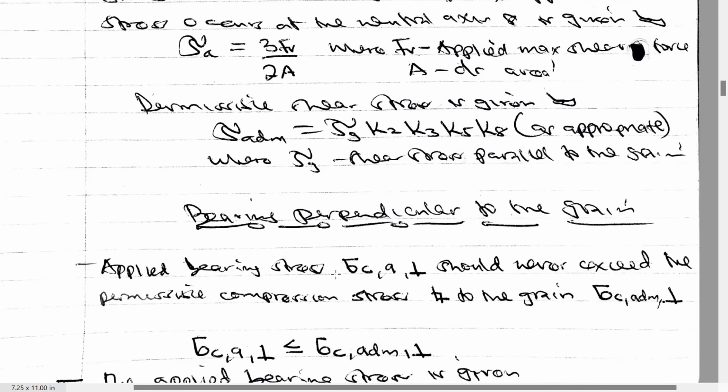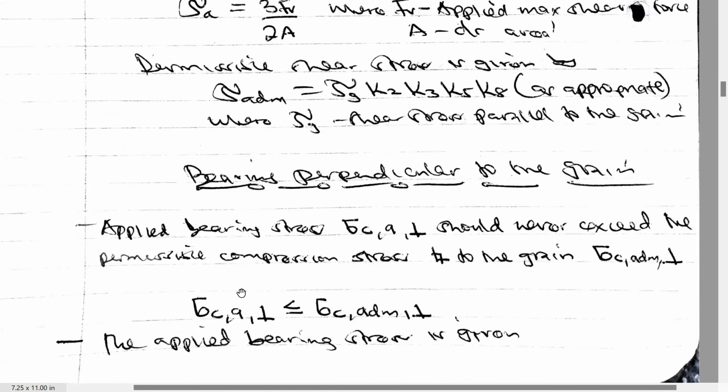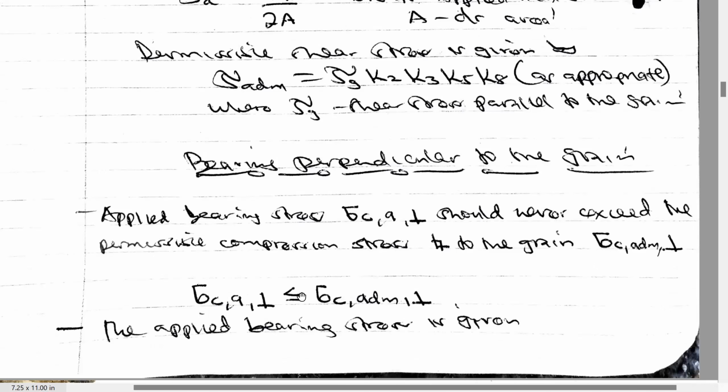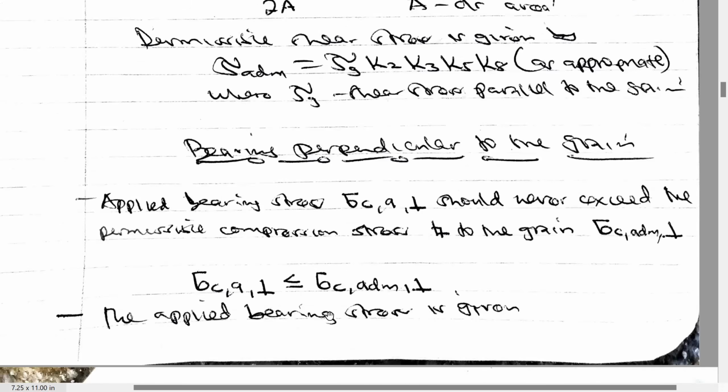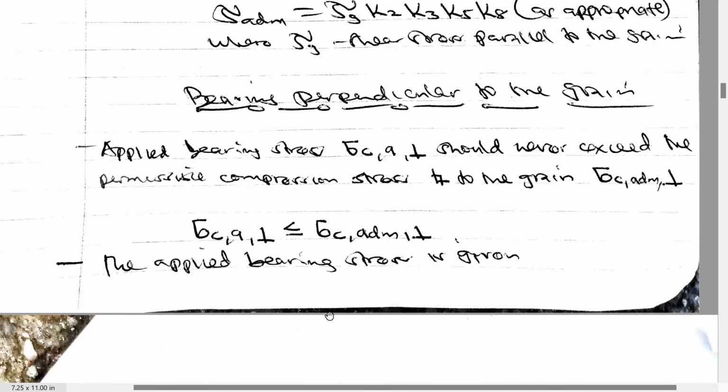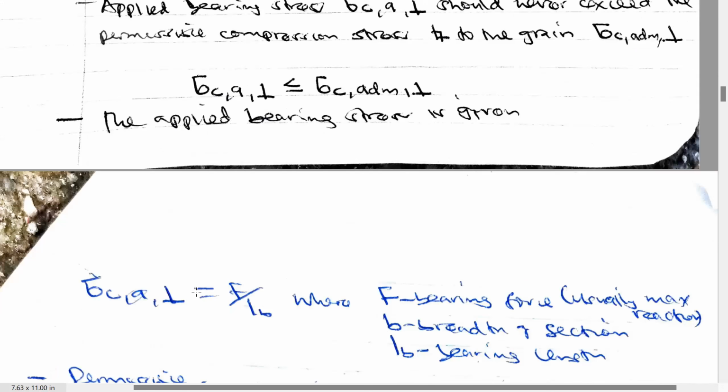For our section not to fail, the applied should be less than what our section can carry. This is the mathematical expression of applied being less than or at worst equal to the permissible.